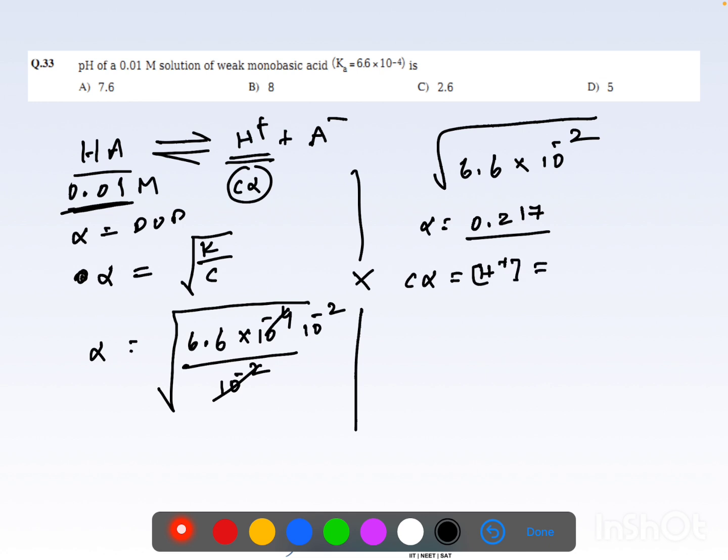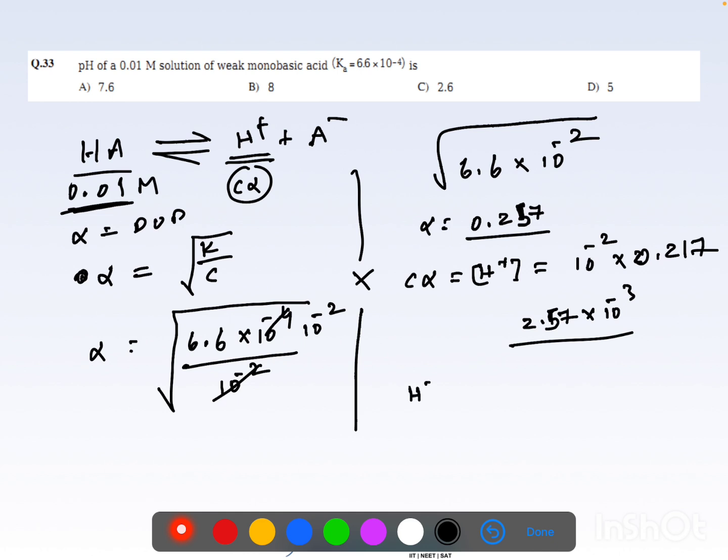This is equal to 10 to the power minus 2 into 0.217. So we can get this as 2.17 into 10 to the power minus 3. Okay, so approximately 2.5 you will get. So this is 2.5 into 10 to the power minus 3.